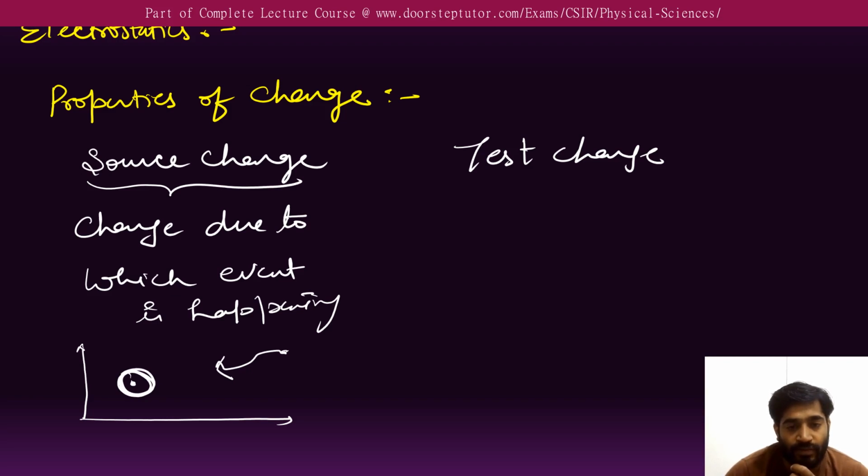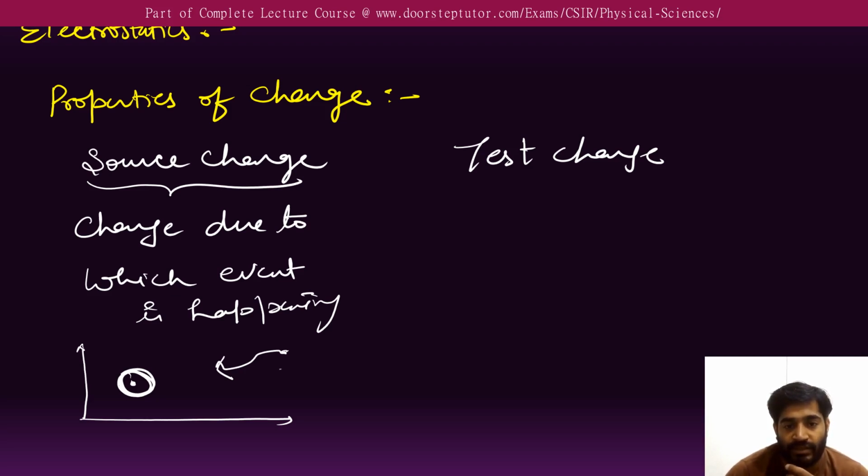So this stationary charge is what we call the source charge, because this stationary charge is making a certain difference on the charge which is coming.